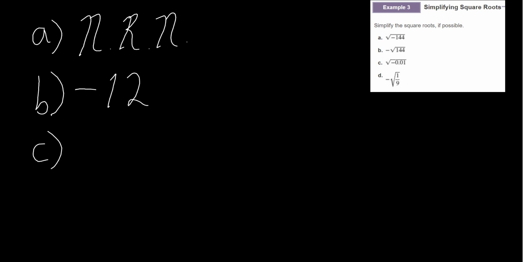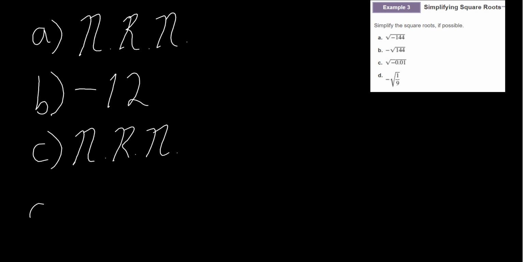And then C, what is the square root of negative 0.01? Well, again, we have the same issue. There is no real number that, when you multiply it by itself, will give you negative 0.01. So same thing, no real number. We're having a lot of these.